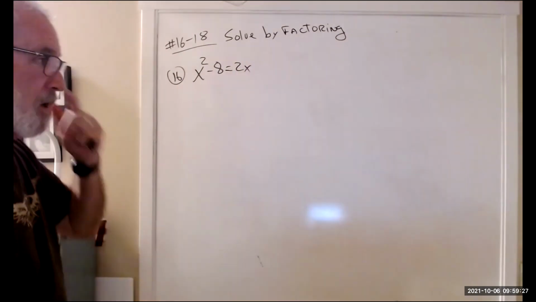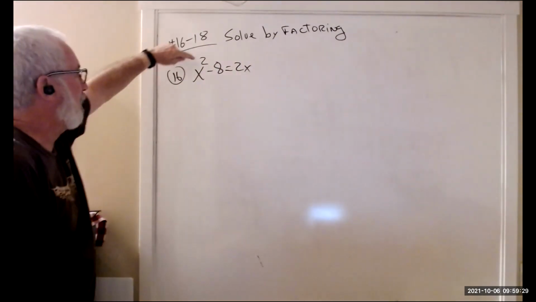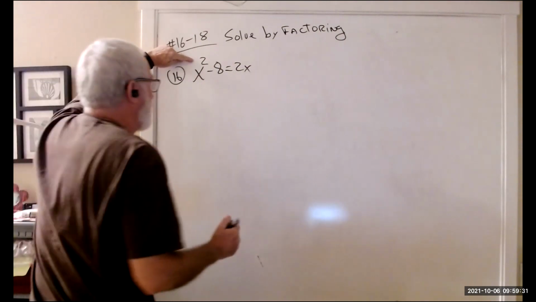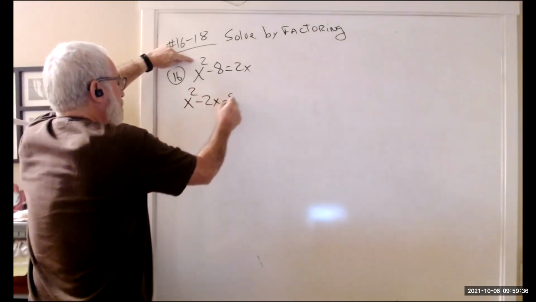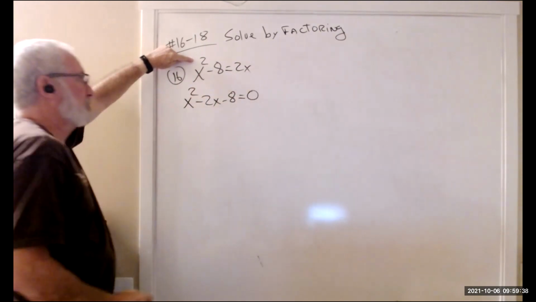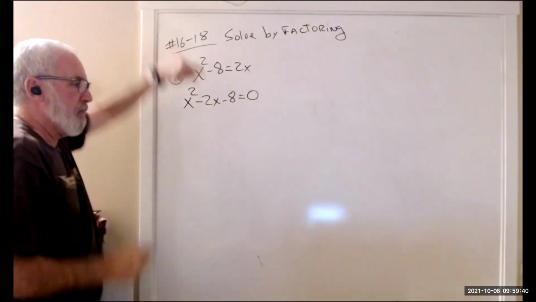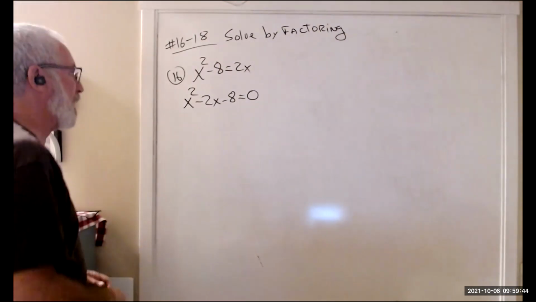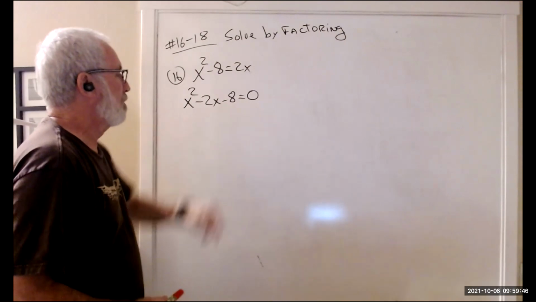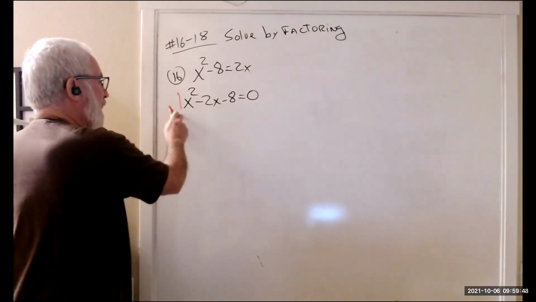Okay. Our rule for solving a power equation was make it equal 0. Okay. And then you had to recognize that this was a trinomial. Okay. The A was 1.